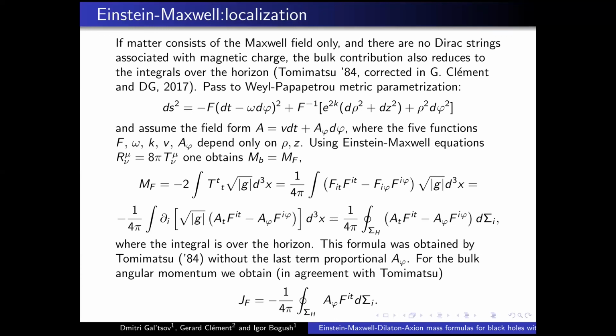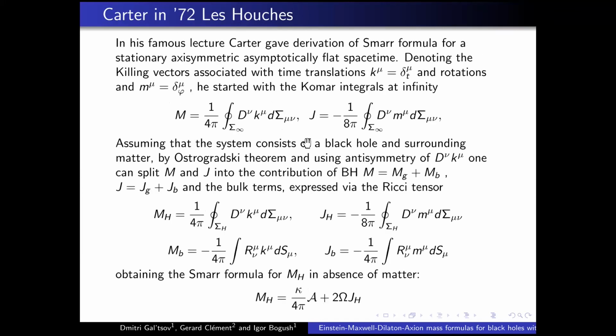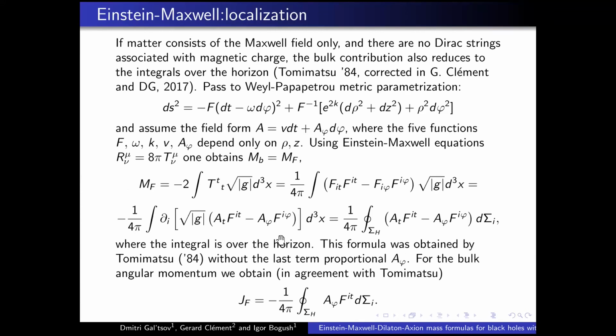Now, it's already our work with Gérard Clément. We can go further using Tomimatsu. Tomimatsu's approach was to reduce these bulk integrals, if R mu nu is just the Maxwell field, just for that case, and using Weyl-Papapetrou parameterization, of course.